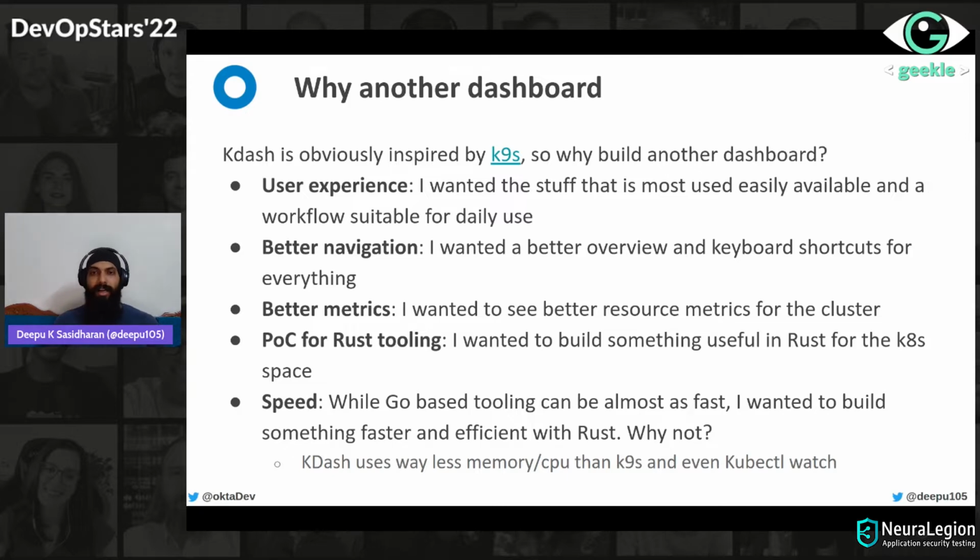So I started building, and I had a few goals. In terms of UX and navigation, I wanted KDash to be much simpler. I wanted it to be simpler to navigate, stupid easy to navigate and go around. I wanted keyboard shortcuts splashed everywhere, so that you don't have to remember anything.